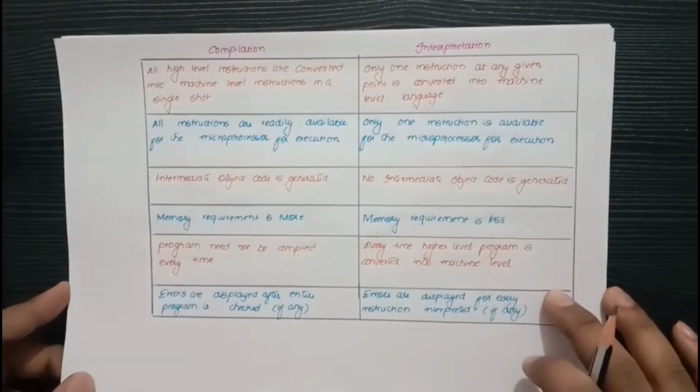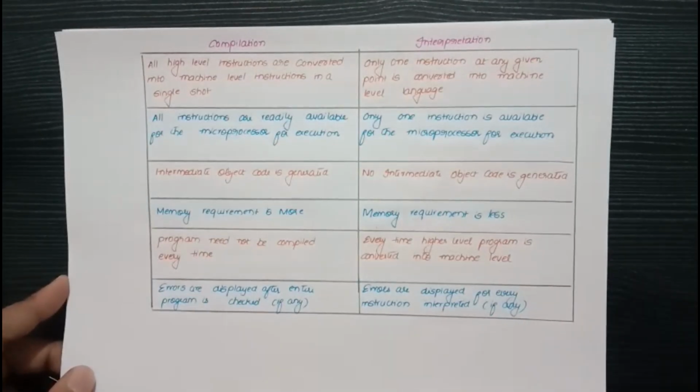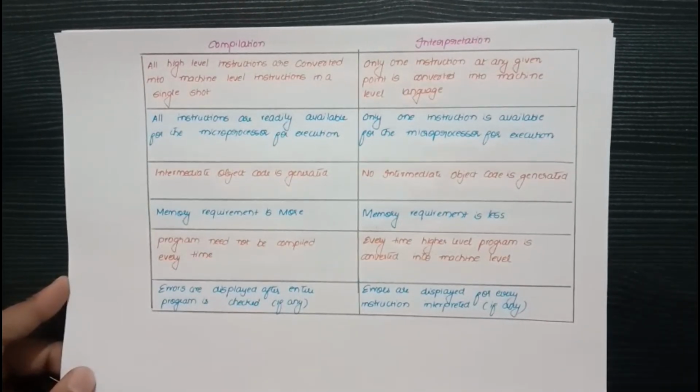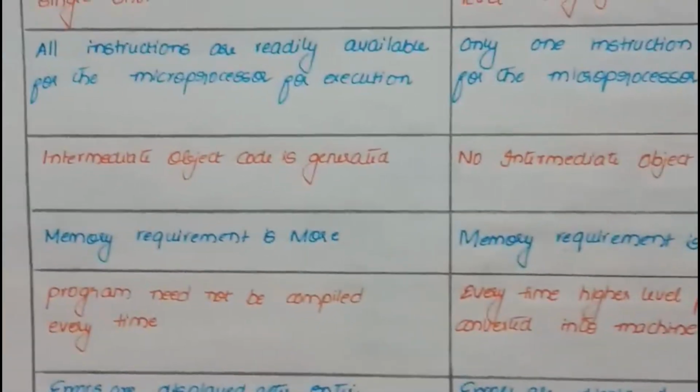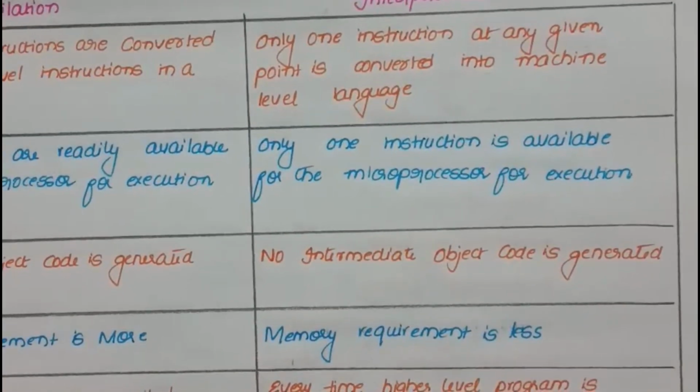In compilation, all instructions are readily available for the microprocessor for execution, but in interpretation only one instruction is available.